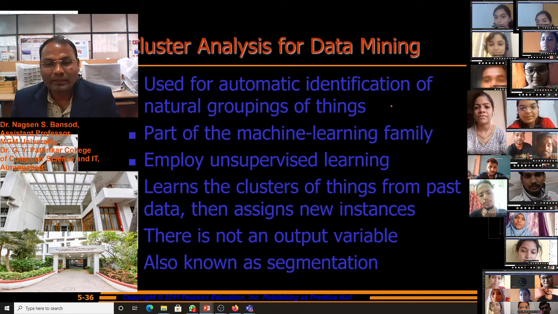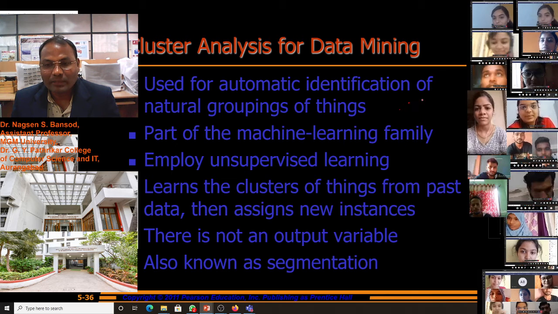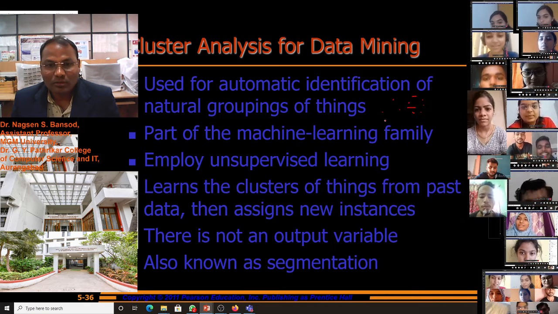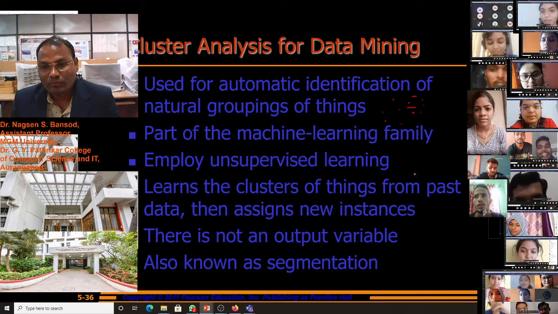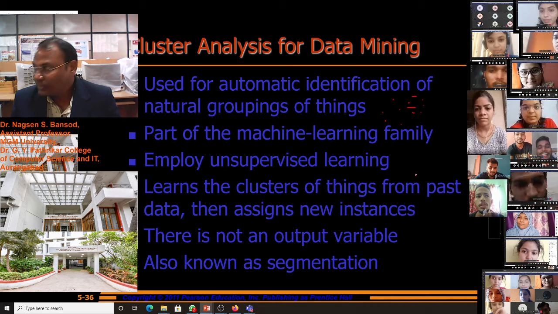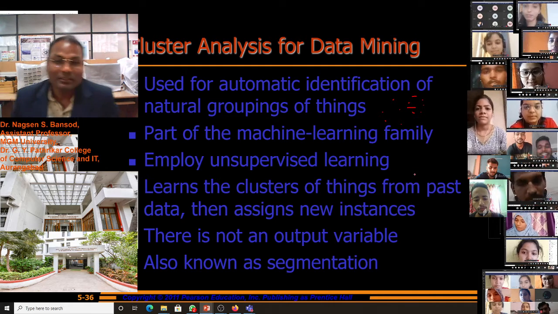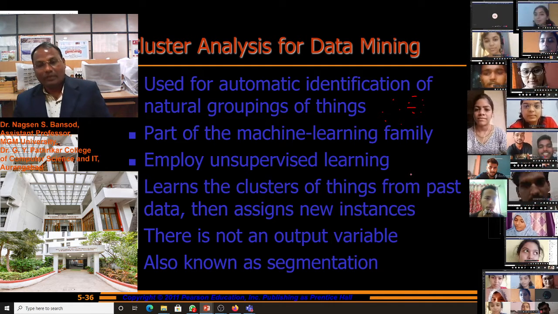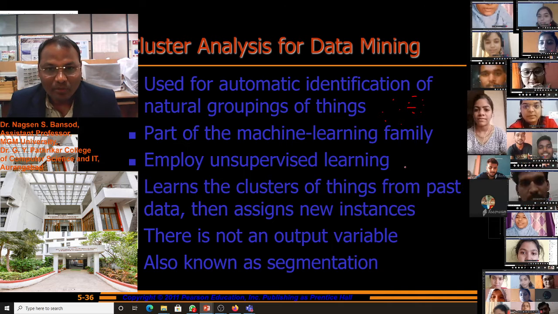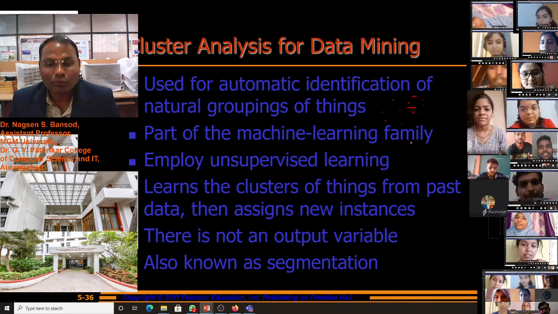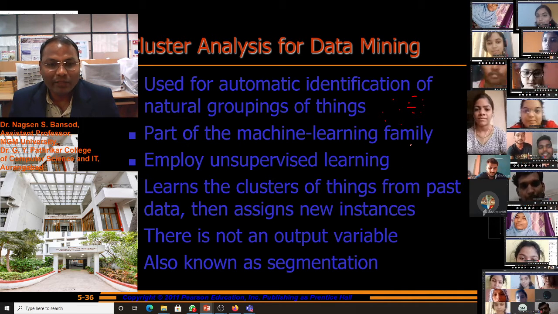We can find that because the temperature is in a natural grouping form. If we measure the temperature at Aurangabad it will be different, and if we measure the temperature in Jalna it will be different. To make the grouping, we can use clustering.